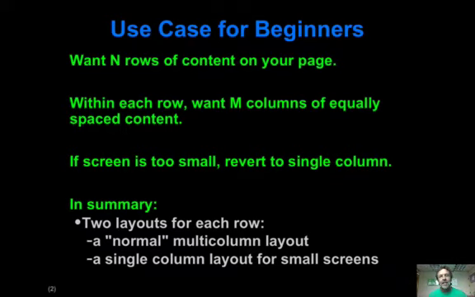And let's say all of those columns are going to be equally spaced within the row. Finally, because Twitter Bootstrap is mobile first, if the screen size is too small to show our M columns, then we just want it to be a single column, or as Twitter Bootstrap calls it, a stacked display.